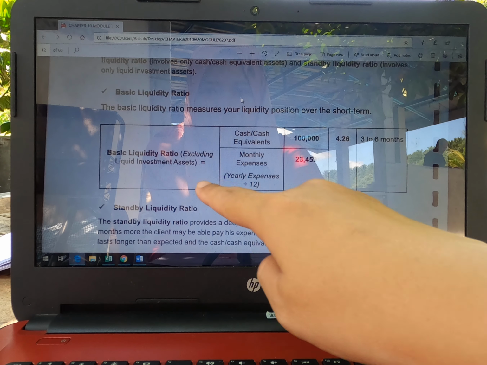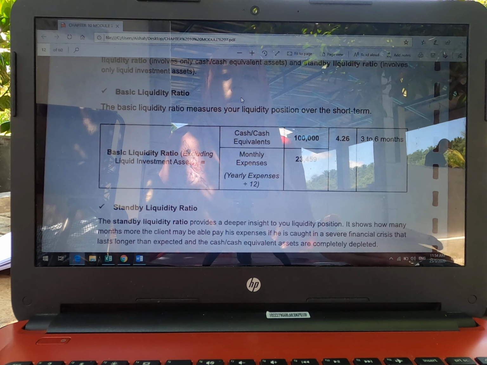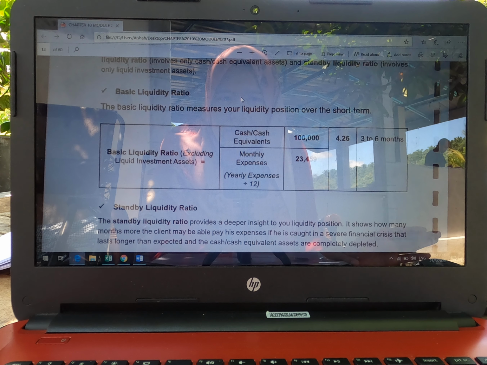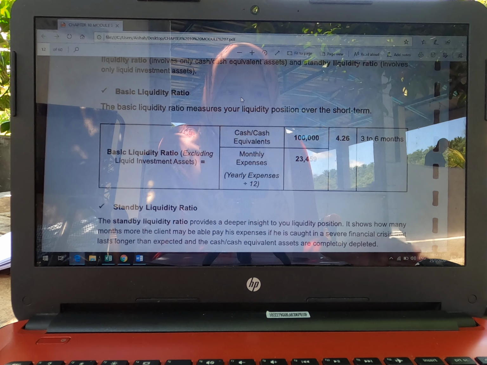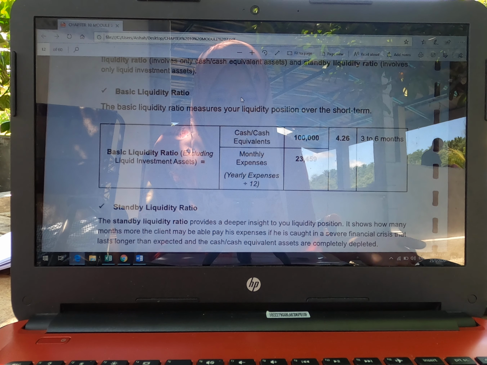For example, the basic liquidity ratio is from 3 to 6 months, which means that to have a healthy liquidity position, your client's liquidity ratio must be within the range of 3 to 6 months. In this case, the client has a liquidity ratio of 4.26, which means it is in a safe position because it is still within the range of 3 to 6 months.